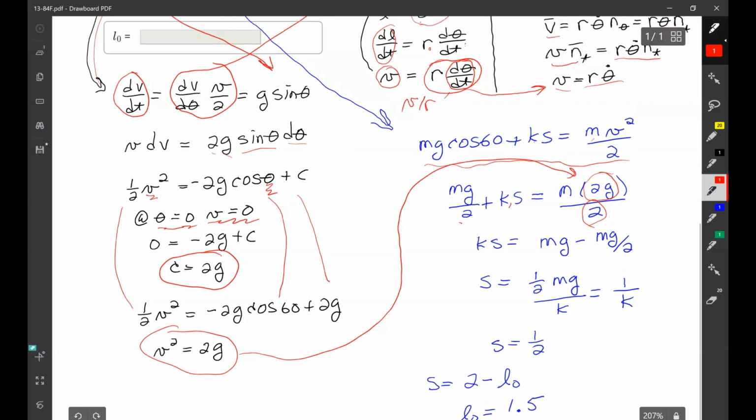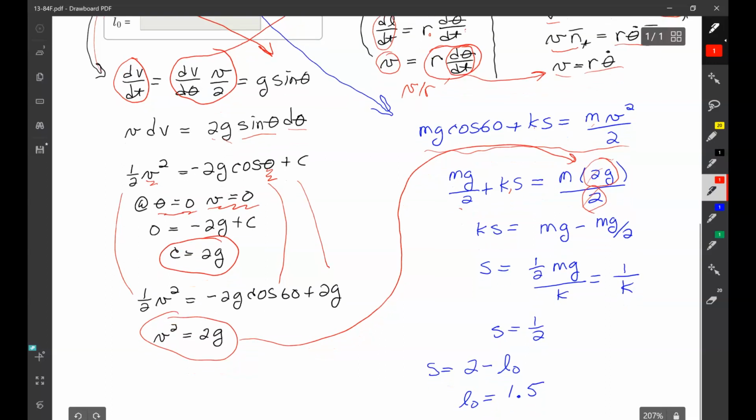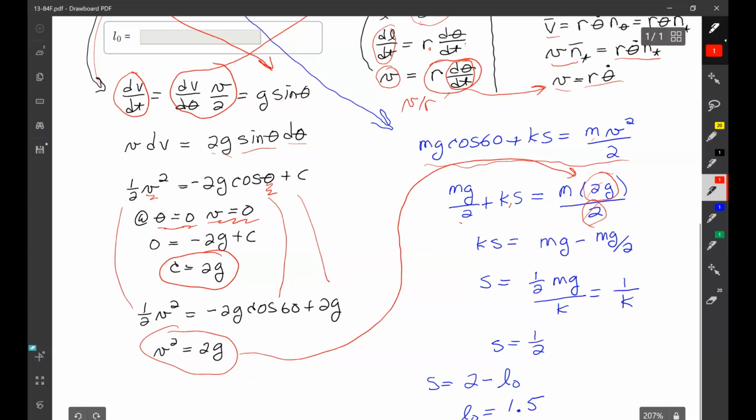Solve this. So ks is equal to mg minus half of an mg. So the stretch is equal to 1/2 mg divided by k. mg is equal to 2, so 2 over 2, that's 1 over k.